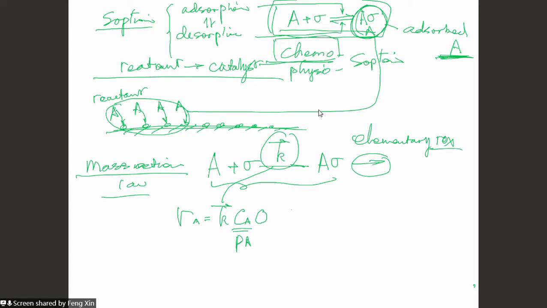But for sigma, the active site, how do we express the active site concentration? Here we use the coverage, theta. Here theta V is the void, which means this active site is not occupied by the reactant or product. So here we use the subscript V, meaning void. So this is the reaction rate.